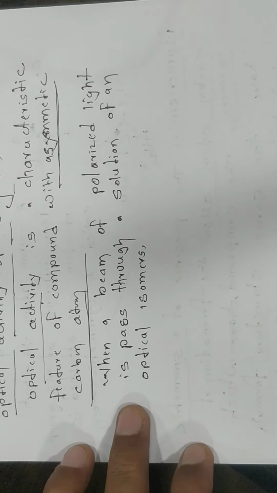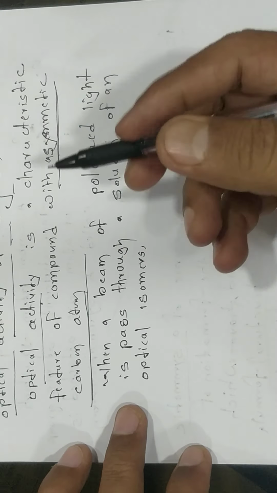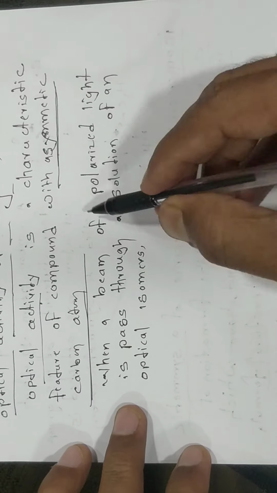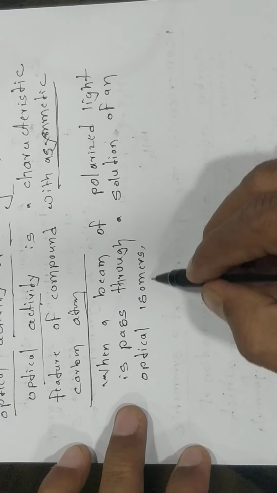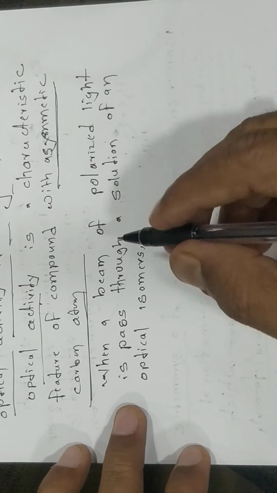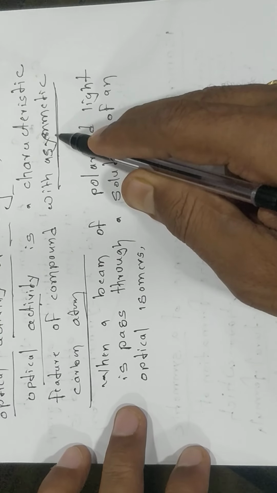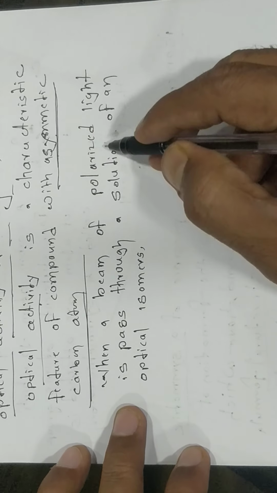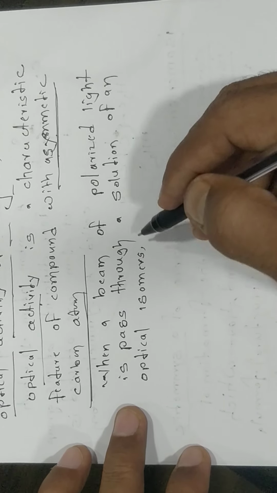The compound must have an asymmetric carbon atom, and that is what shows optical activity. The optical isomers, those having an asymmetric carbon atom, rotate the plane polarized light when it passes through the solution.